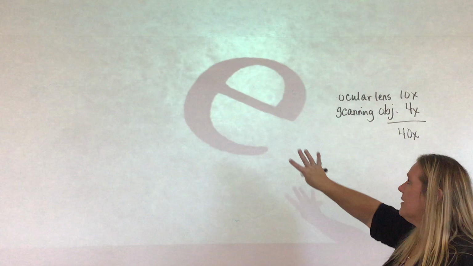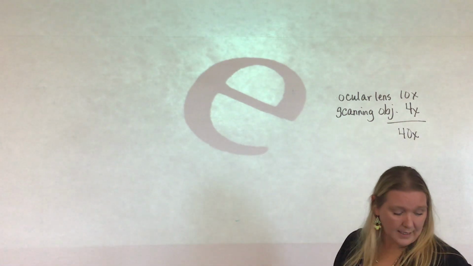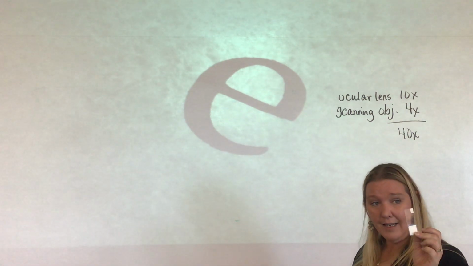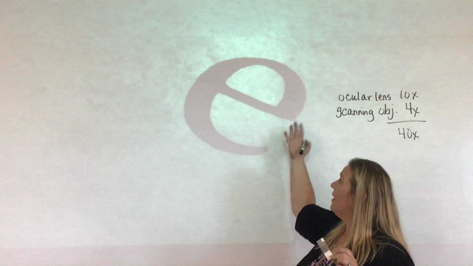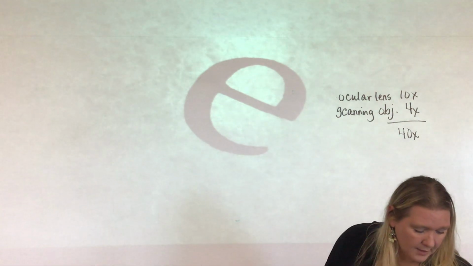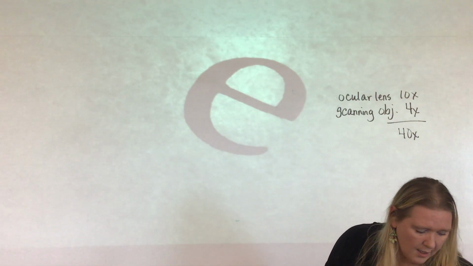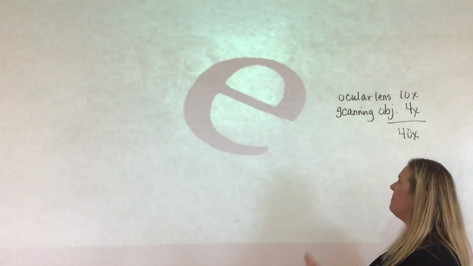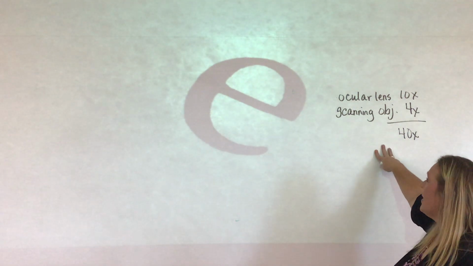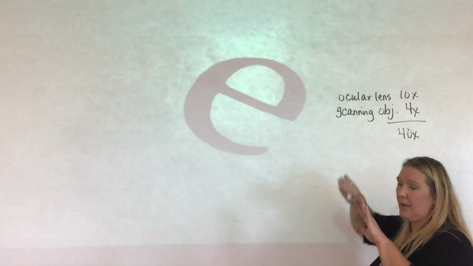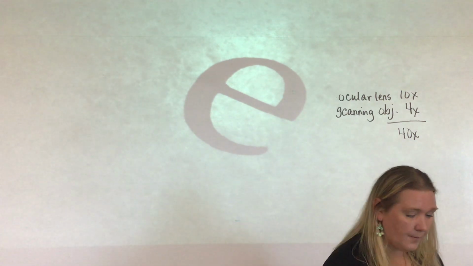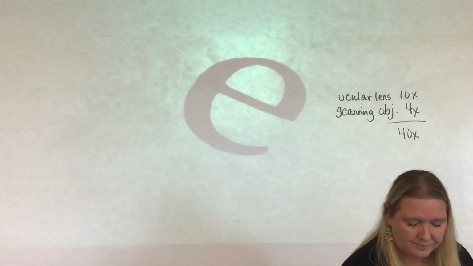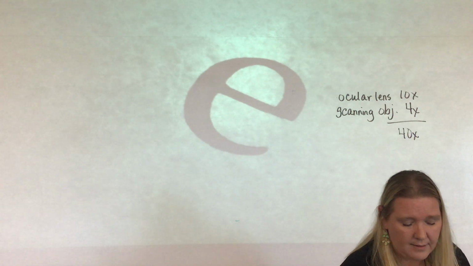When I look at that E on the slide versus up here, it's actually inverted. So it's like a mirror image for us. So this is going to be 40 times bigger than what it normally is. So you're going to need to draw that on there. I'll give you a second to do that.